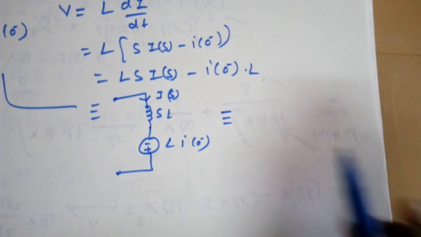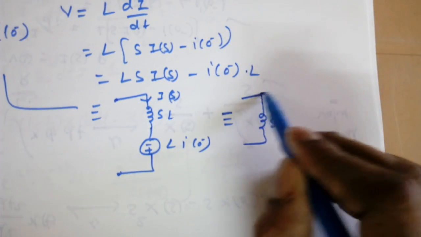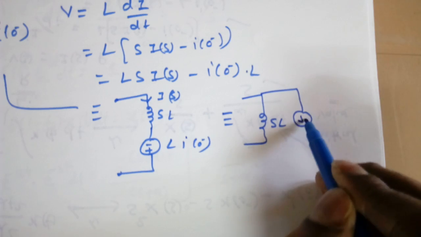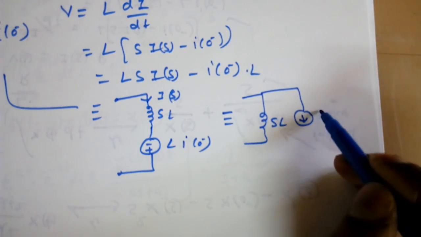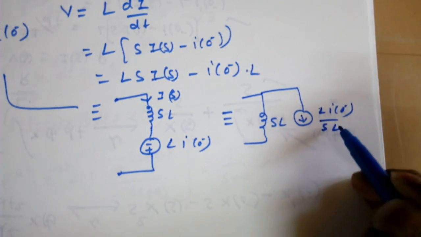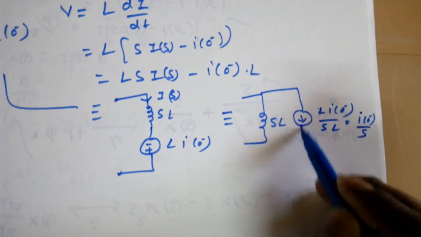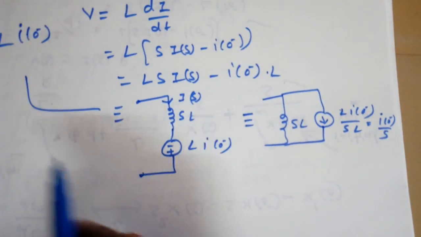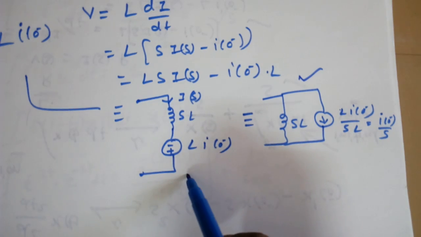This can be represented by Norton also. This will become sL and the current direction is downward. So current is equal to V by sL, so L into I of 0 minus by sL. L and L cancel, and it will become I of 0 minus by s. Whenever a parallel RL circuit is given, we will use this form. Where there is a series, we will use the other form.